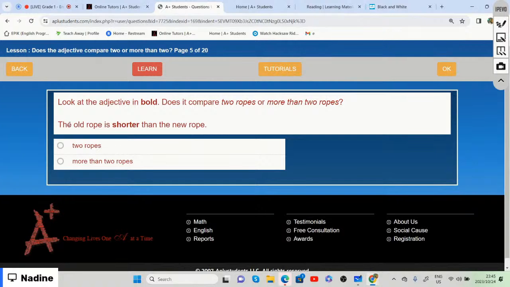All right, so we can say the old rope is shorter than the new rope, which means that we are comparing two ropes, saying that the one is shorter than the other one.